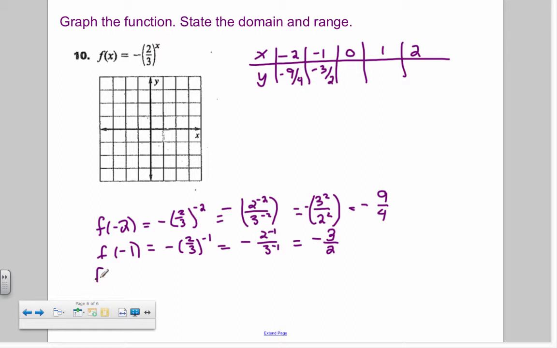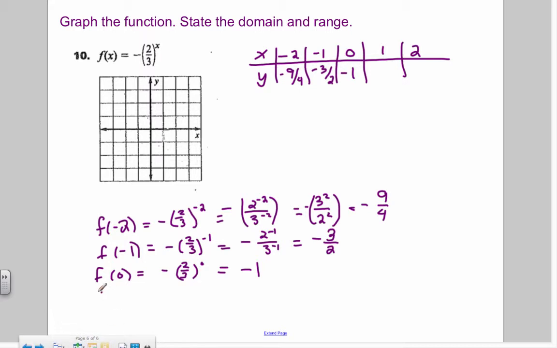When I plug in 0, I'm going to get -2/3 to the 0 power. Well, I know that anything to the 0 power is 1, so I have -1. Plugging in 1, I get -2/3 to the first power, which is simply -2/3.